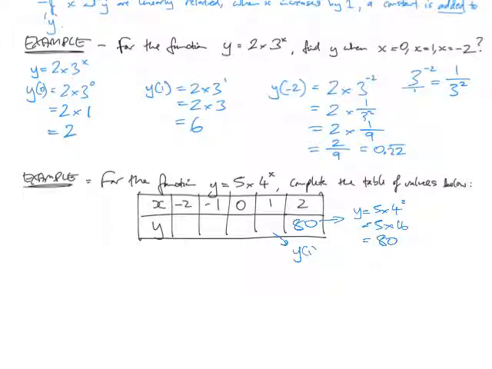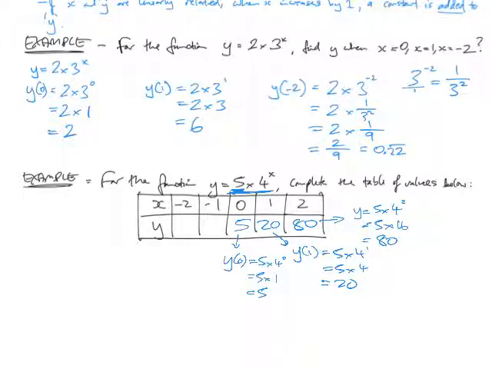For y of 1, 5 times by 4 to the power of 1 is 5 times by 4, which is 20, like we've already seen before. Anything to the power of 0 is 1. And so in this form, when x is equal to 0, it's just going to be the a part of the function there, which is 5 in this case.